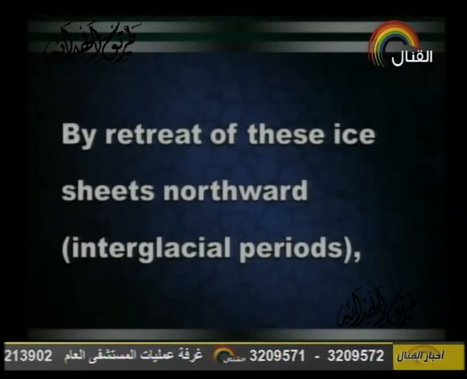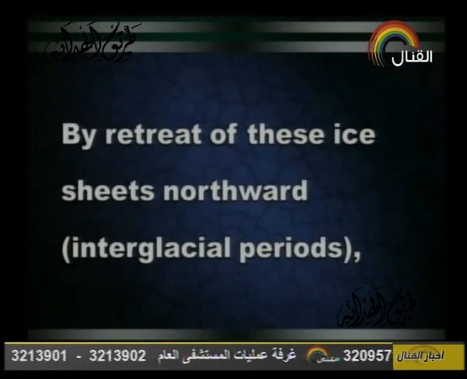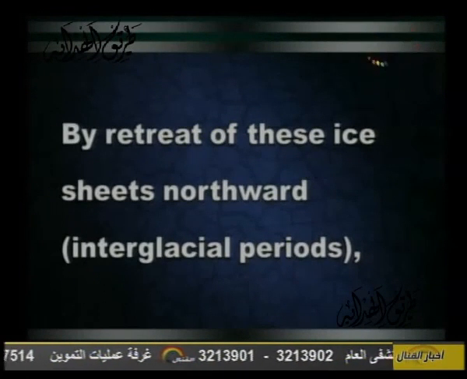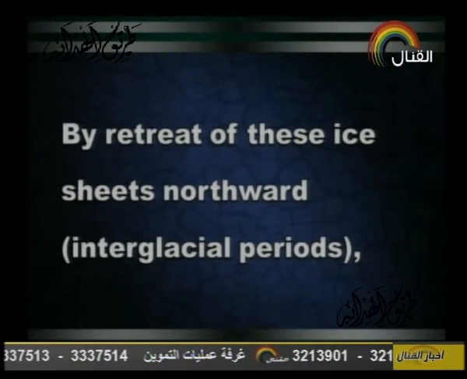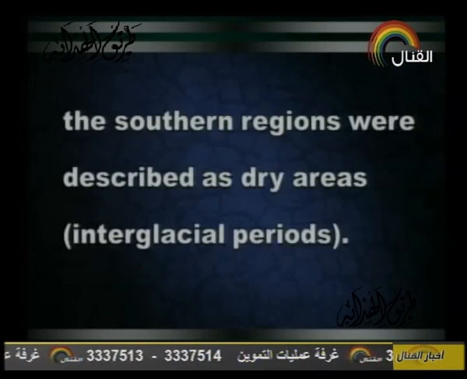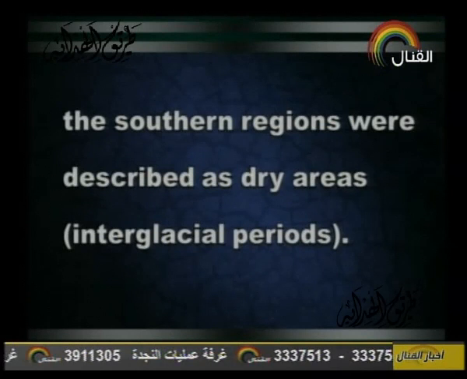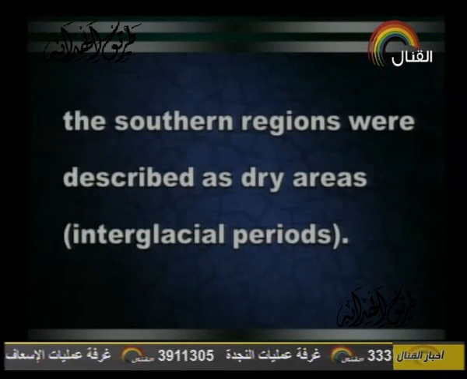By retreat of these ice sheets northward, at this time we call it interglacial periods, the southern regions were described as dry areas.